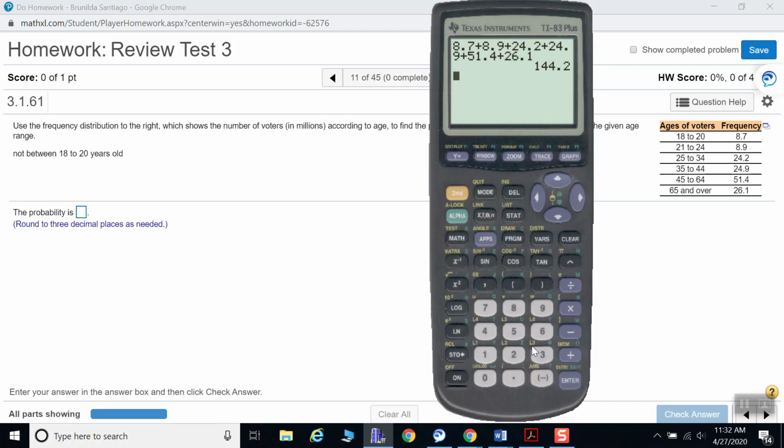Now I cannot include the 8.7 from the frequency because that's what it says in here, not between 18 and 20. So the remaining values from the frequency are the ones that will become the numerator.